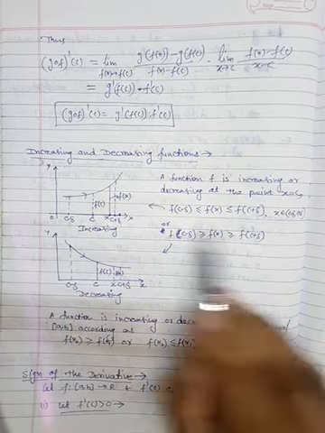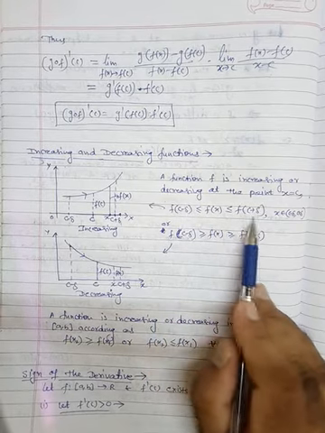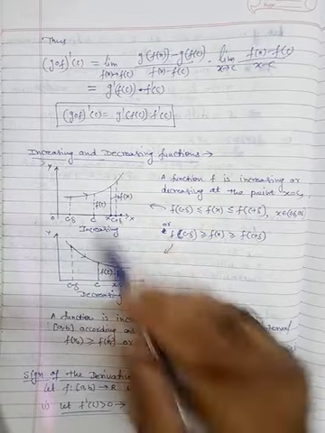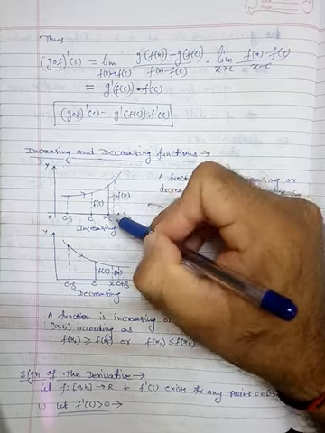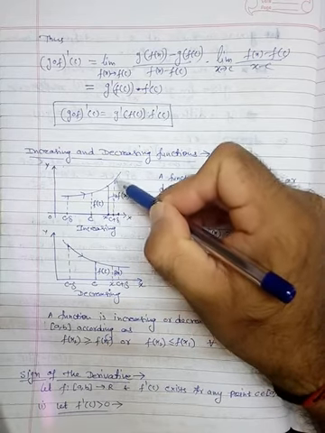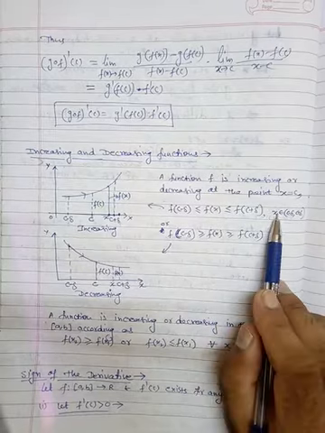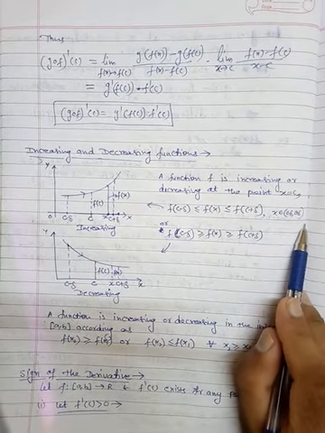So we have this inequality: f of c minus delta is less than equal to f of x is less than equal to f of c plus delta. आप देख भी सकते हो ग्राफ से. You may see, suppose you have assumed x here, then obviously f of x is less than f of c plus delta and greater than f of c minus delta. So this inequality holds. Here x is any point between c minus delta and c plus delta.